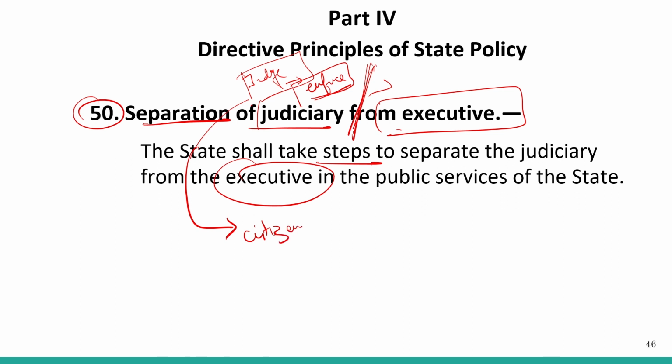That is why it is the duty of the state government to maintain a separation between the judiciary and the executive, and that is what is known as separation of powers.